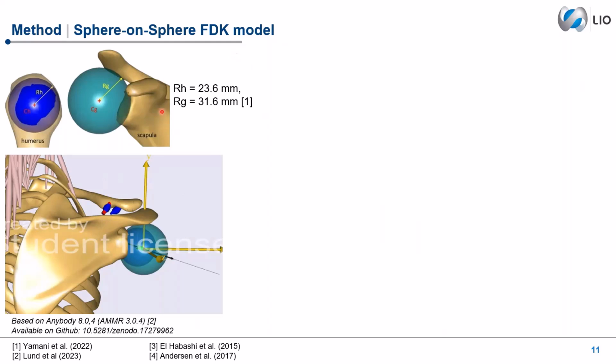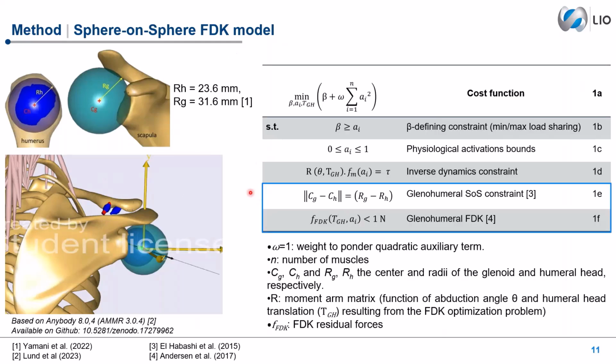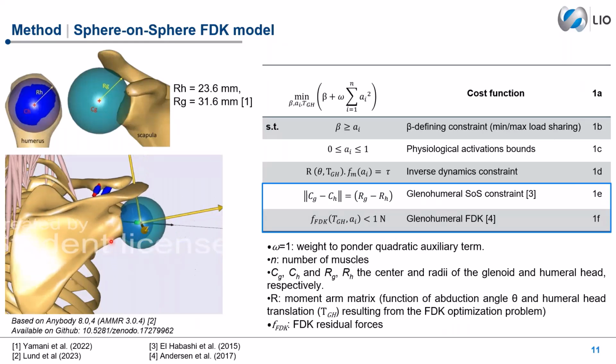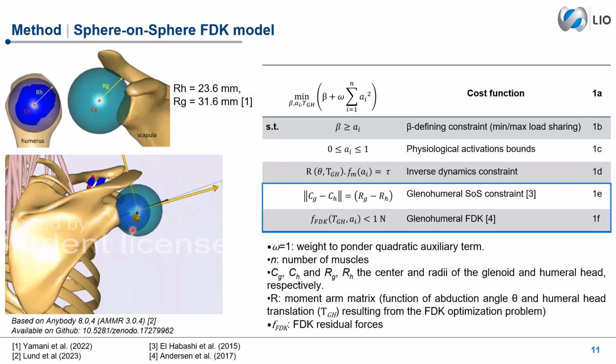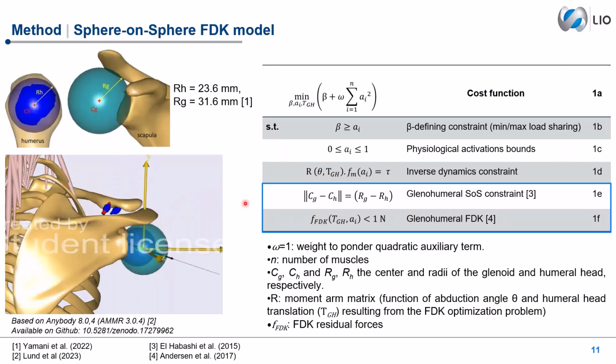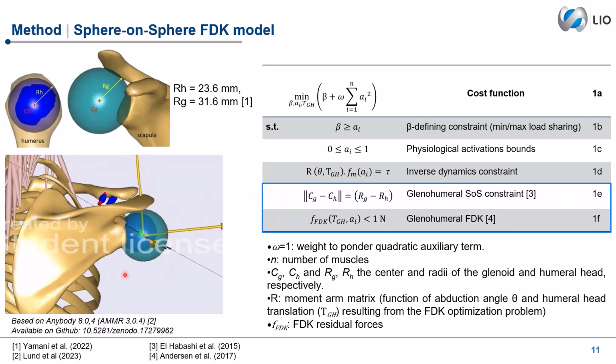I connected them with a connecting rod, a constraint you can see over there, and I use the FDK solver to constrain the humeral head position and compute it across the motion. You can see the humeral head, the blue sphere, which can move in the glenoid, and because of the geometrical constraint, it remains in contact.